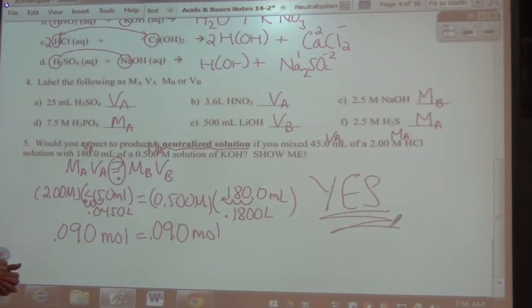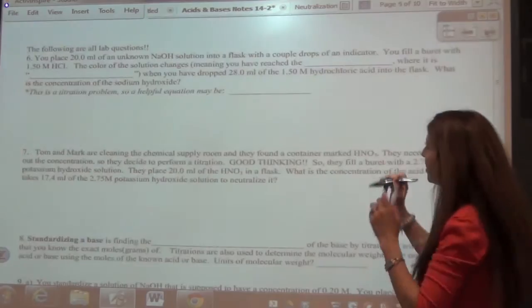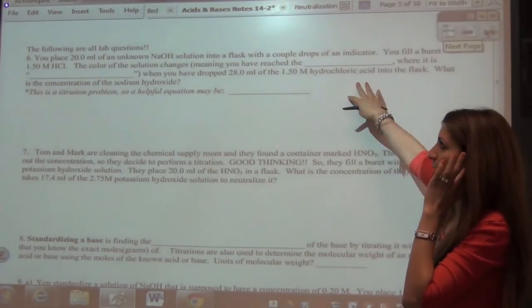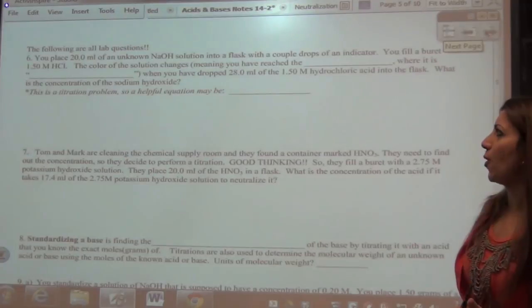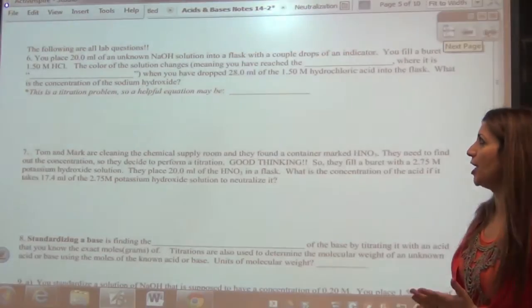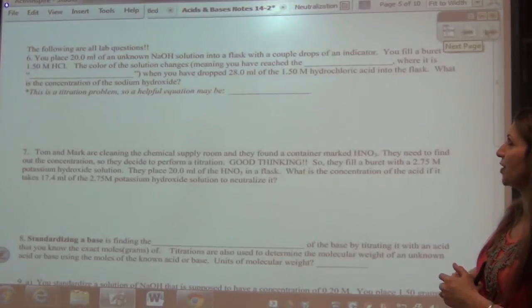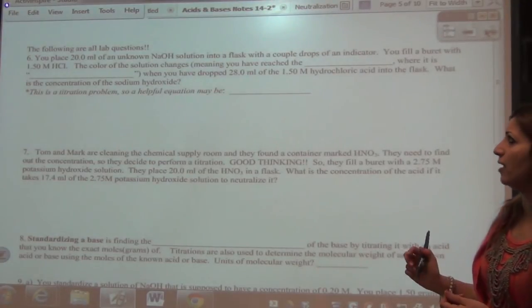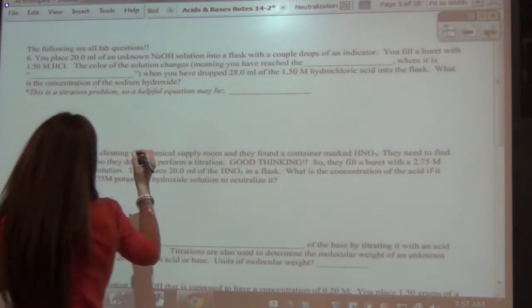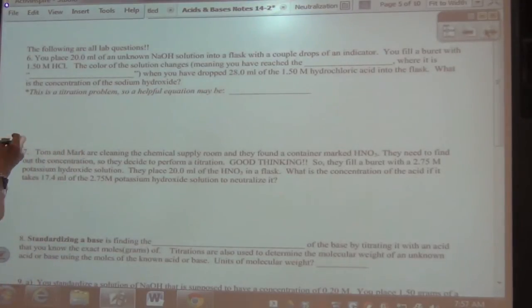Okay. All right, and last thing is let's try the problems on here. You place 20 mils of an unknown NaOH into a flask with a couple drops of indicator. You fill a burette with HCl. So if we were drawing this picture out, you have the base, this is your NaOH inside of here.